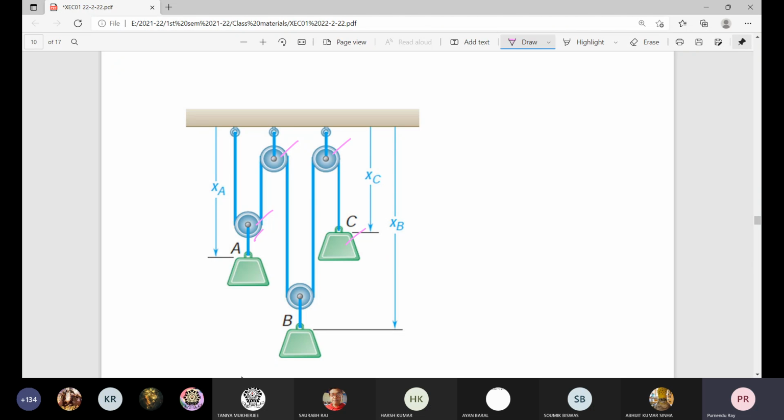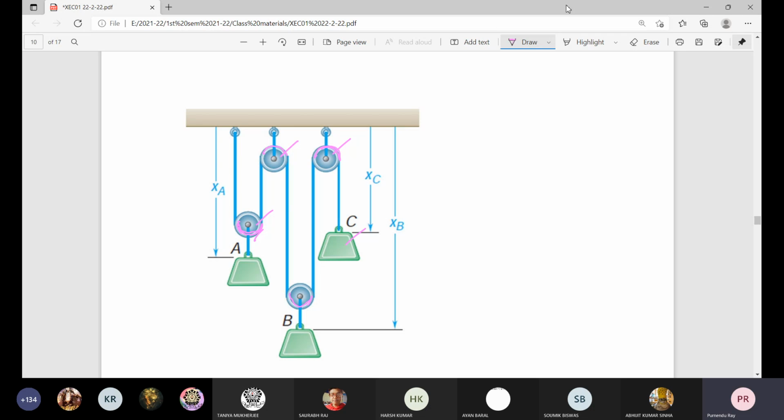This link length is fixed, etc. This lapping length is the half perimeter over this pulley. If we assume all pulleys are of the same dimension, then this lap length, this lap length, and twice the lap length here are the parts of the rope which are fixed length.